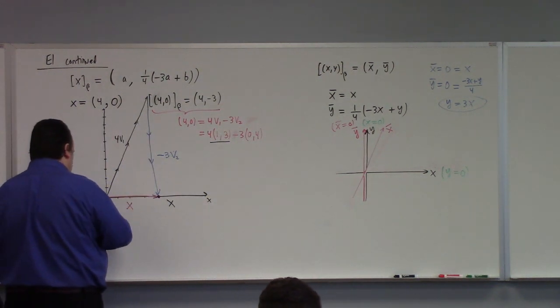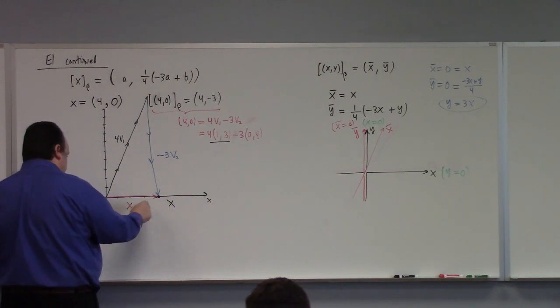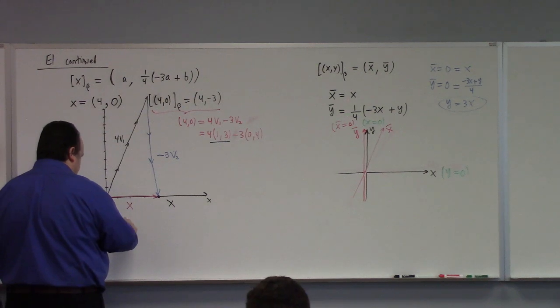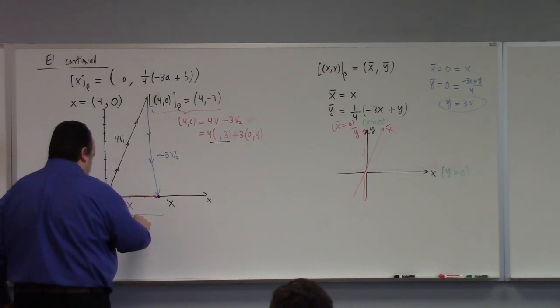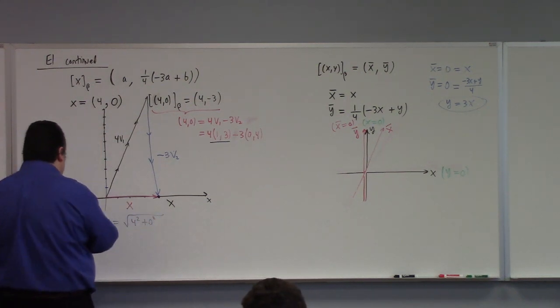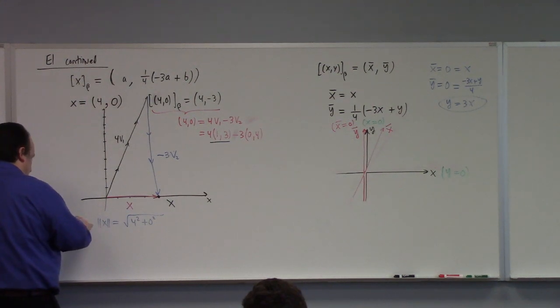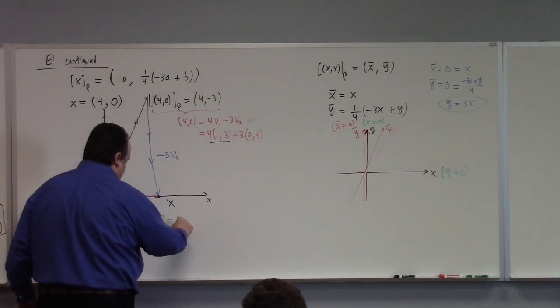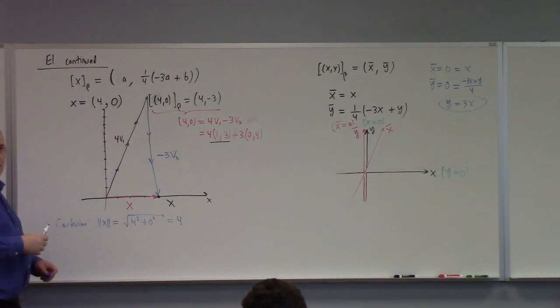So notice that if we use Cartesian coordinates, the magnitude of x was what? The length of x is the square root of 4 squared plus 0 squared, right? Which is 4. The length of that x vector was 4.